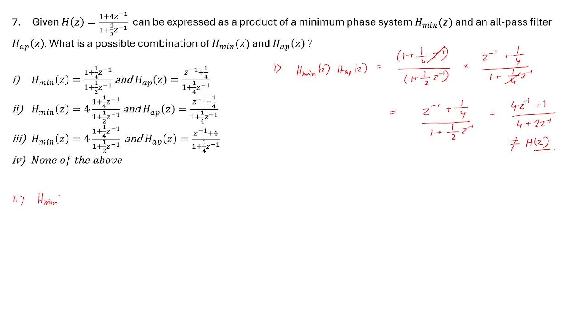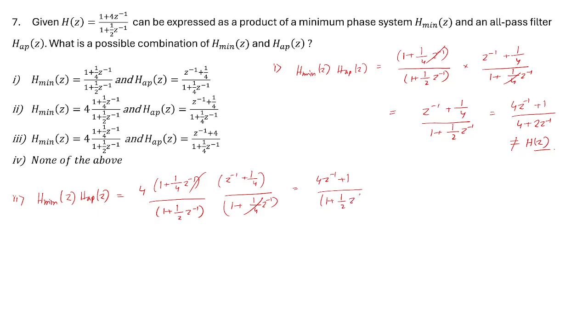We again take the product, which is 4 times (1 plus 1 by 4 z inverse) by (1 plus half z inverse) plus 1 by 4 (1 plus 1 by 4 z inverse), 4 z inverse plus 1, (1 plus half z inverse).